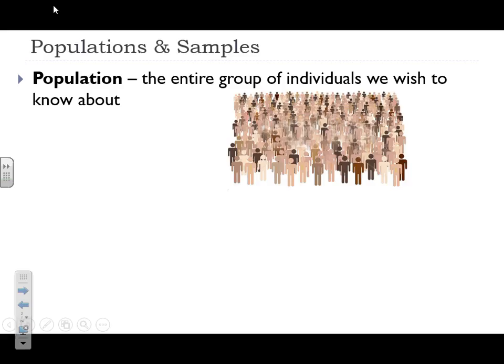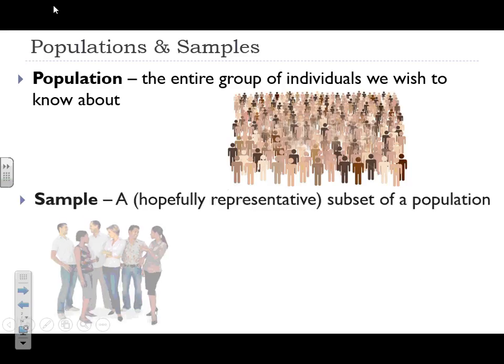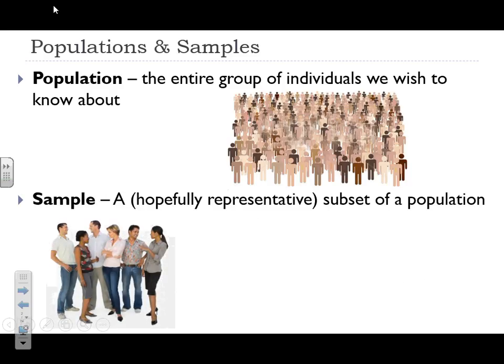But if we look at the other example, we're interested in how all U.S. adults respond to a certain topic, would it be plausible or even feasible for me to go out and ask every single adult in the U.S. that question? No, it's not. So our population may not be something we have access to the entire group. So that's why we have to use this idea of sampling to figure out what we want to know.